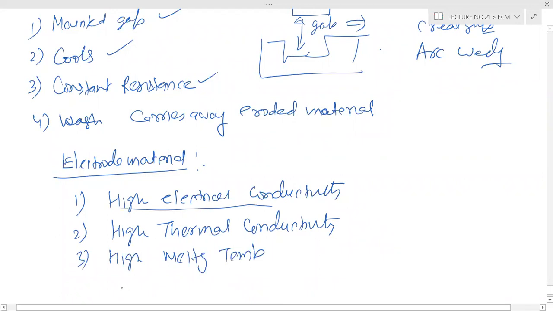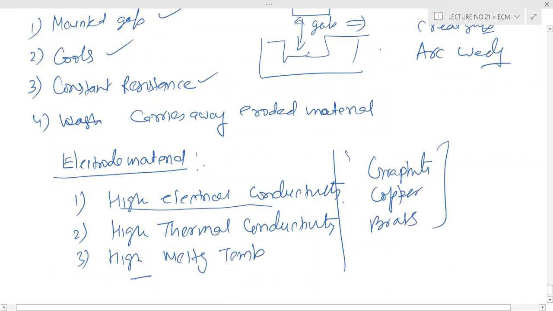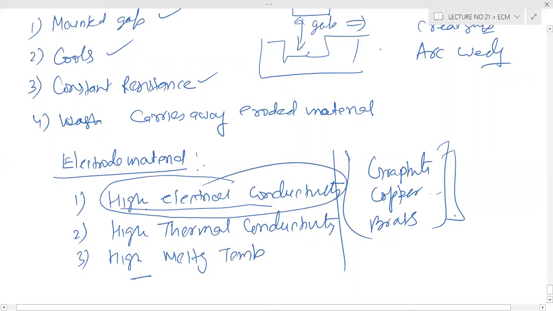So generally we use tool materials like graphite, copper or brass, because they are good conductors of electricity. First criterion is good conductor of electricity.